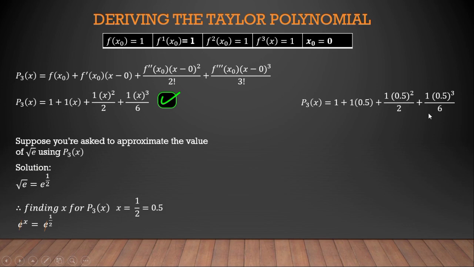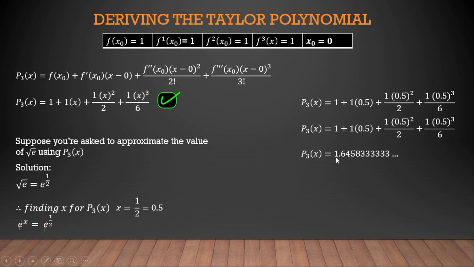And once we do that, we have this scenario, and we have our answer, 1.64833333. And I challenge you to use your calculator. Let me just use my calculator right now to prove whether this equation is actually correct.